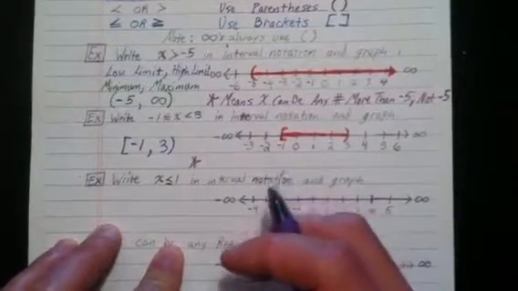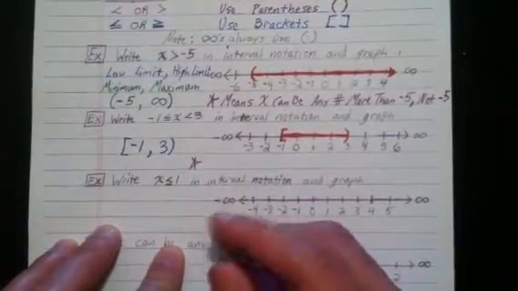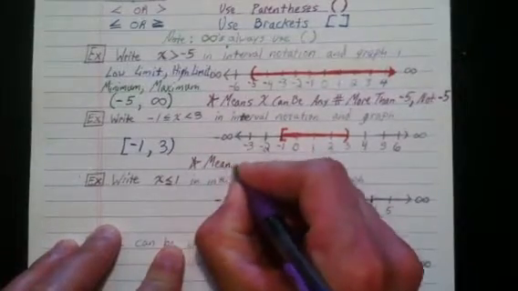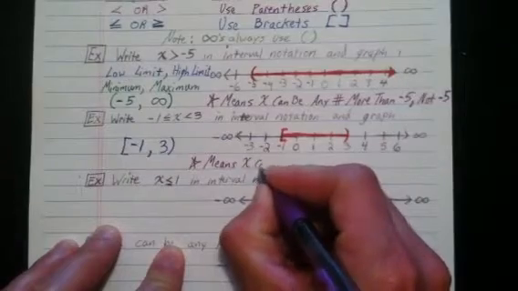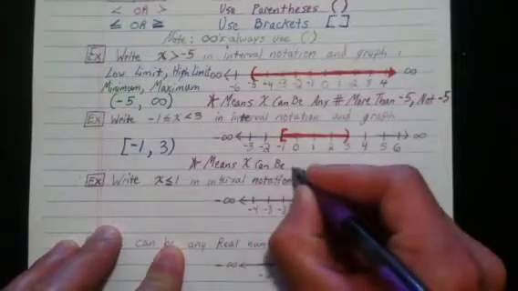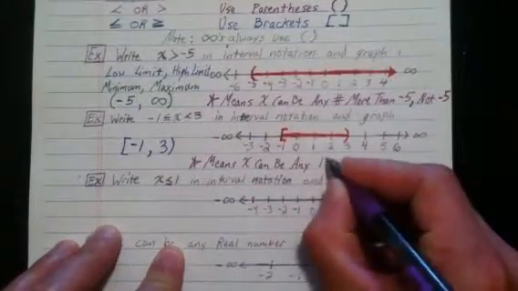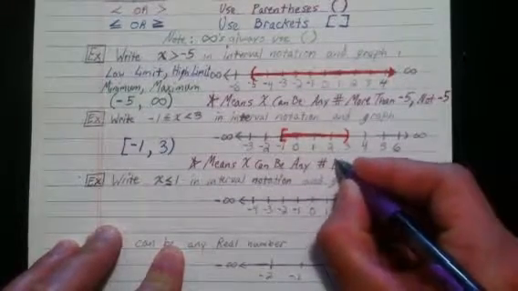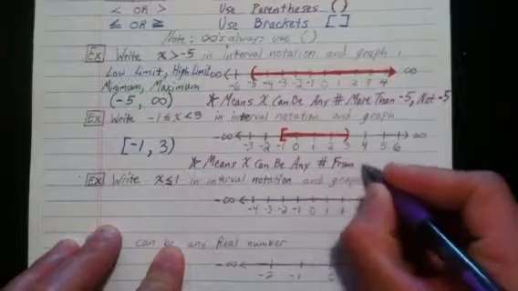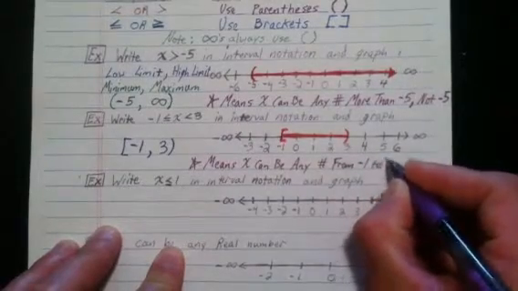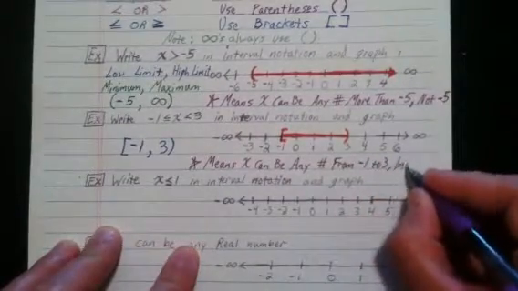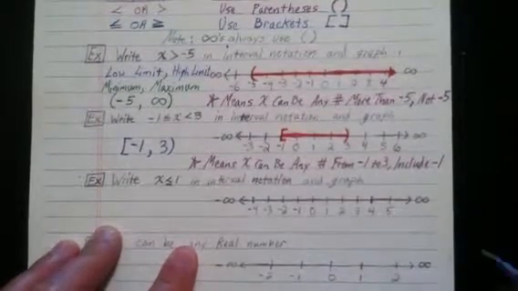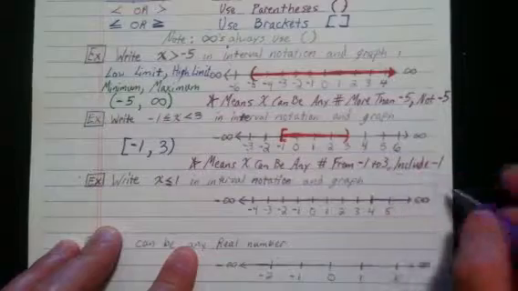So this means that x can be any number from -1 to 3, including -1, but not 3. So we're including -1, but we're not including 3.